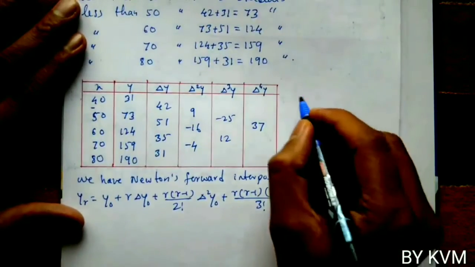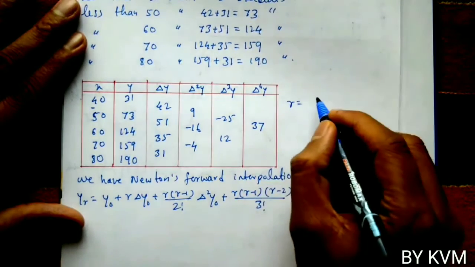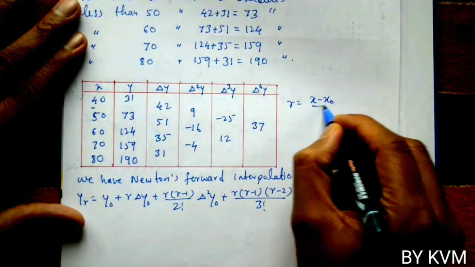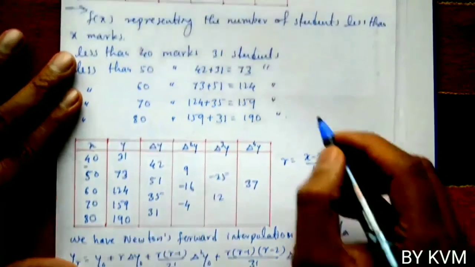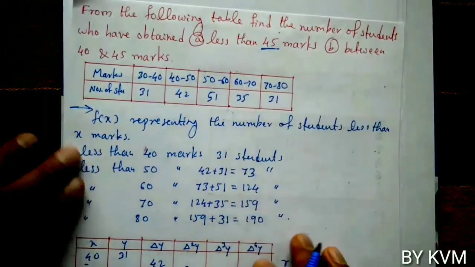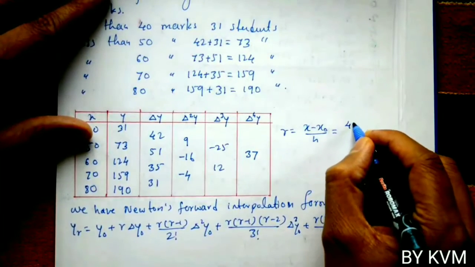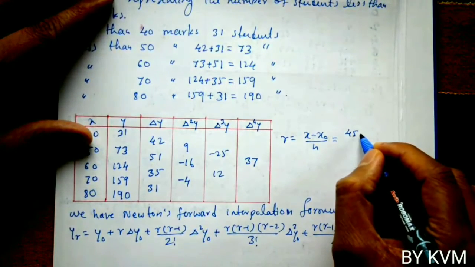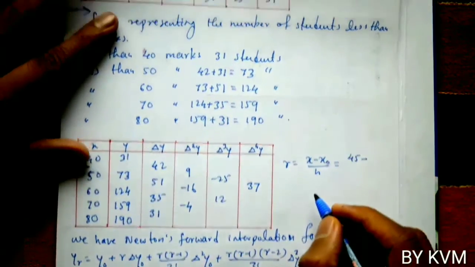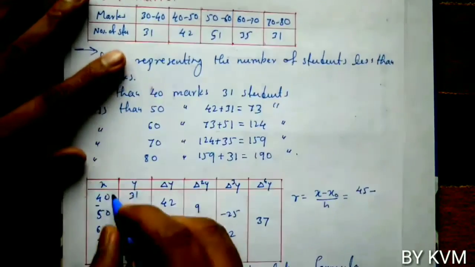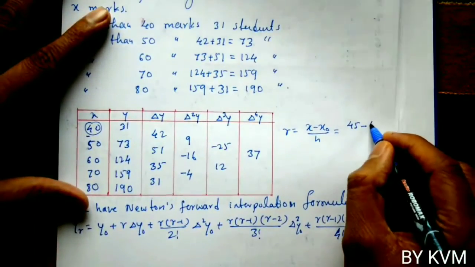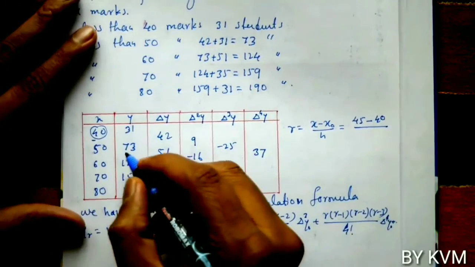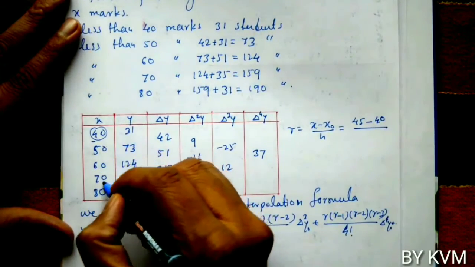Now we have to find r. r equals x minus x naught by h. So x is 45, because we are finding the students who have scored less than 45 marks, minus x naught, the first value of x, that is 40, by h. h is the common difference between the values of x, 40, 50, 60, 70, 80.